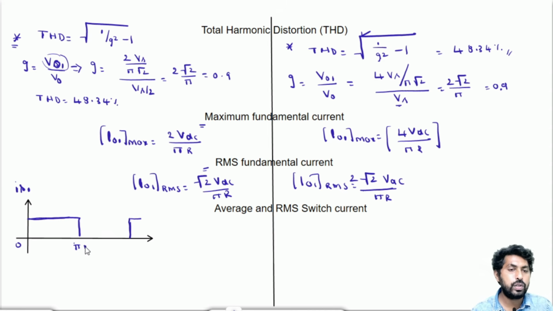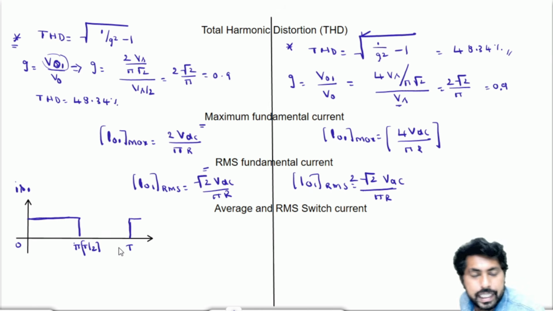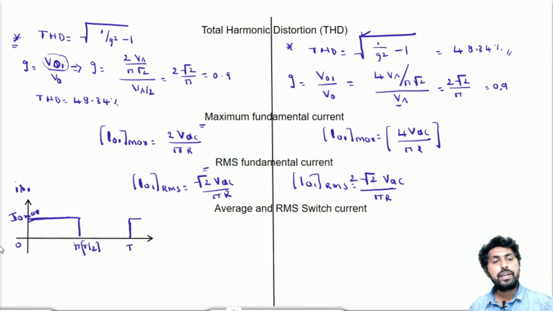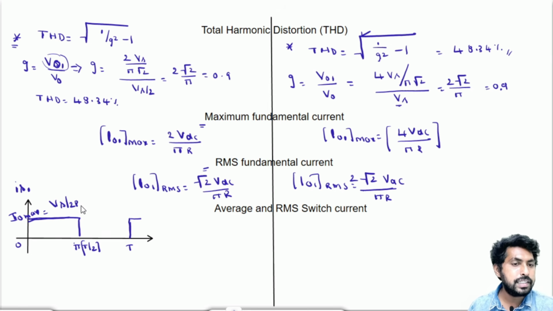So that is 0 to T by 2. It is conducting for 0 to T by 2, and the maximum value of the current will be the I0 maximum. So I0 maximum will be V0 divided by 2R, that is Vs by 2R, in this case.